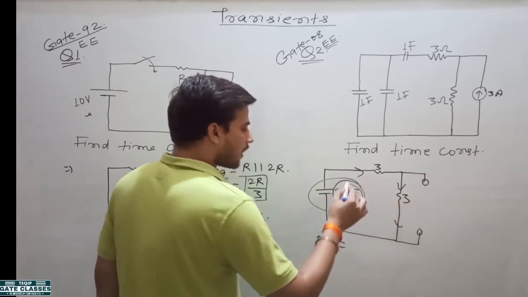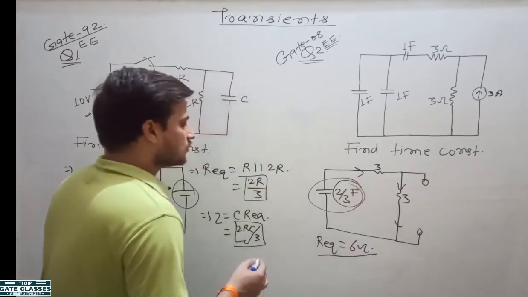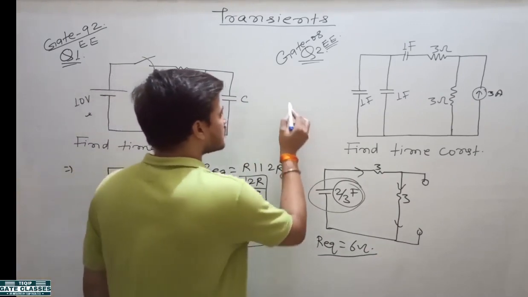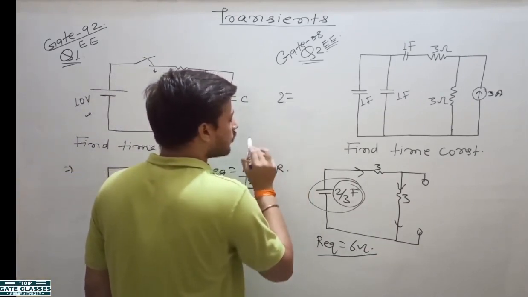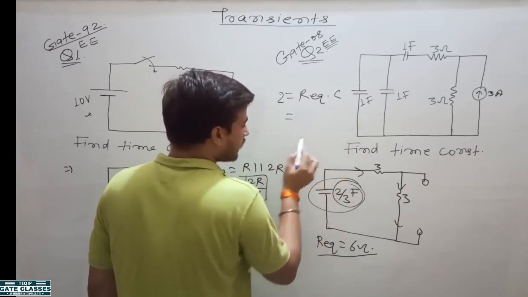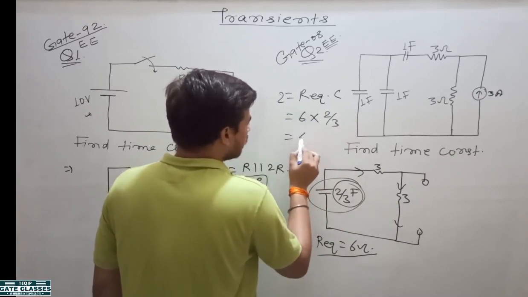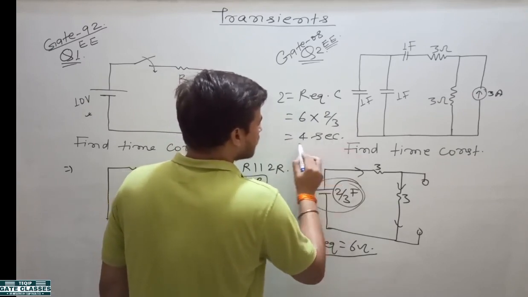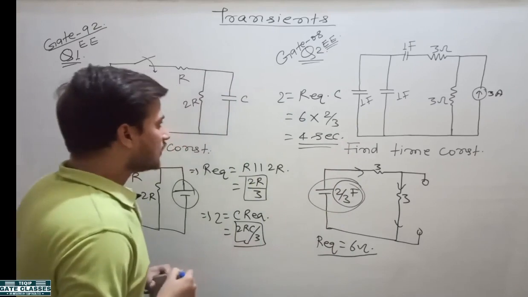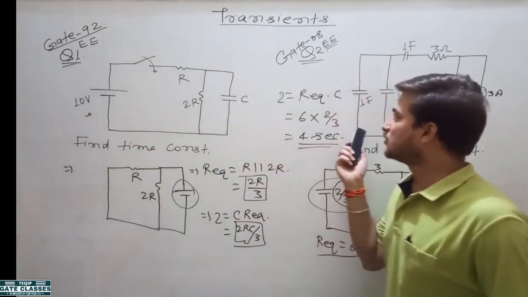So R equivalent will be equal to 6 ohm. Therefore time constant tau will be equal to R equivalent into C. From here 6 into 2 by 3, that means 4 second. So your answer will be 4 second. This will be the value of time constant of this question.